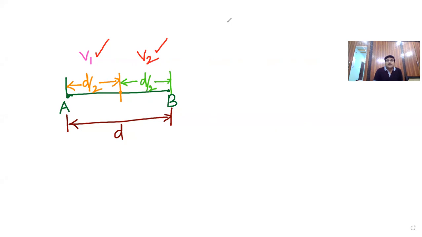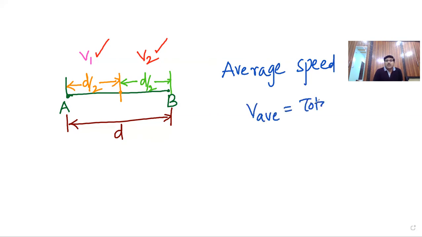What is being asked? The average speed. V average is equal to total distance traveled by total time.